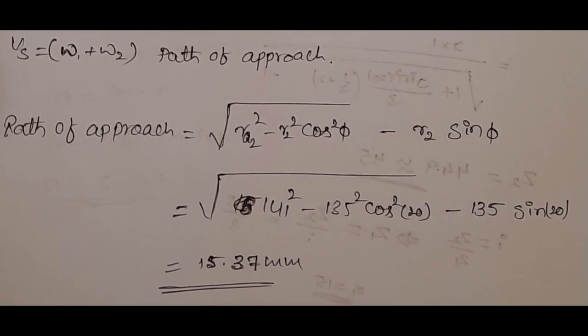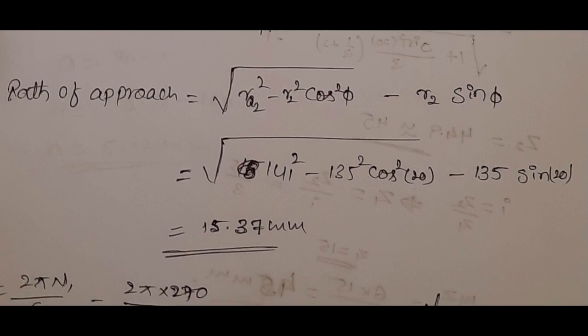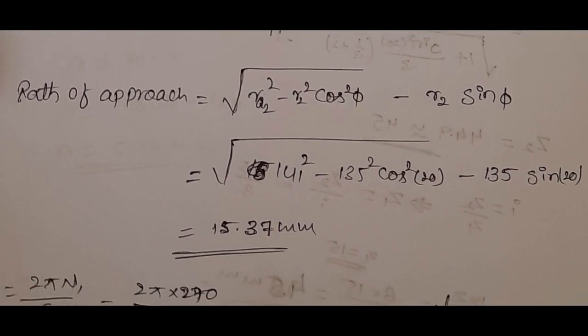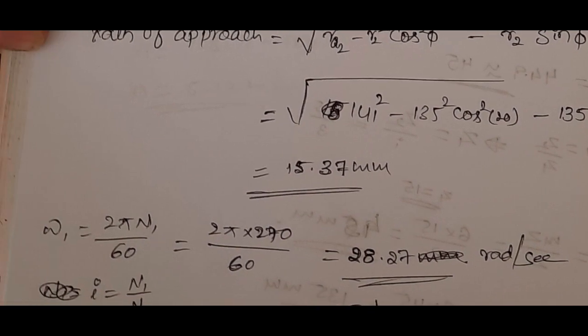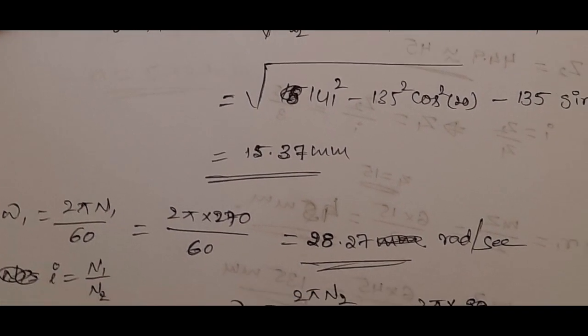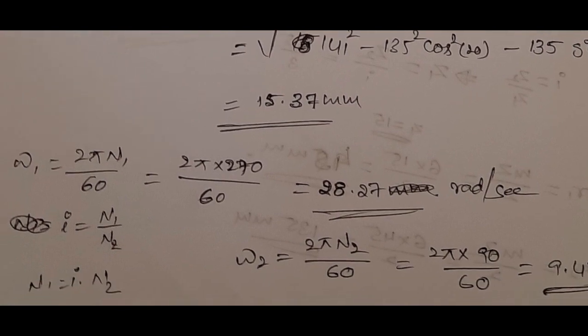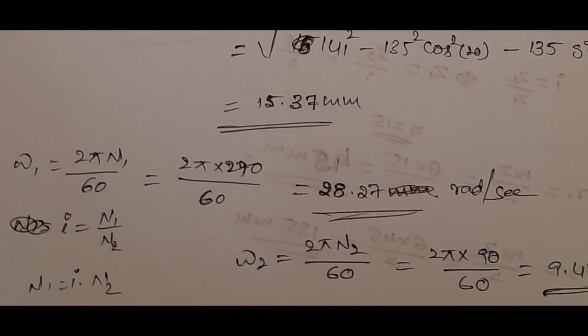Omega is angular velocity, 2 pi n divided by 60. Omega 1 is the gear, omega 2 is the pinion. We don't know the value of n1, so we use the velocity ratio, I is equal to n1 divided by n2. The problem specifies the pinion speed n2 as 90 rpm.